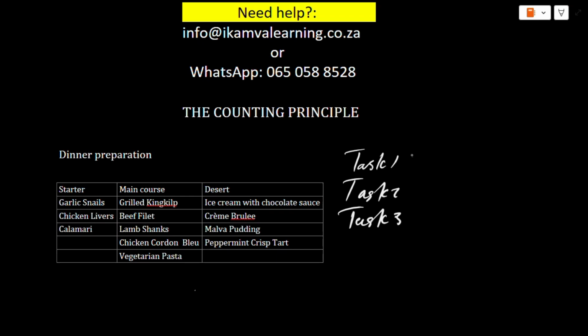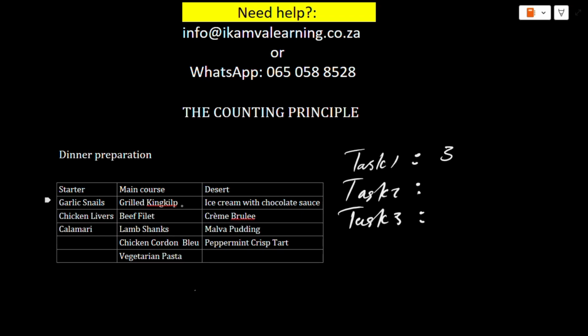How many ways can we perform task 1? We have 3 choices: garlic, chicken liver, or calamari. That's a total of 3 choices.